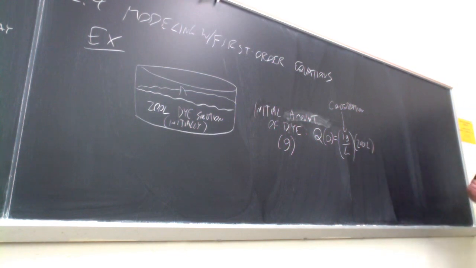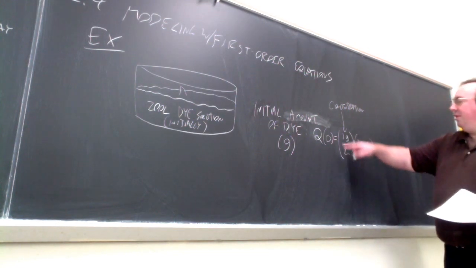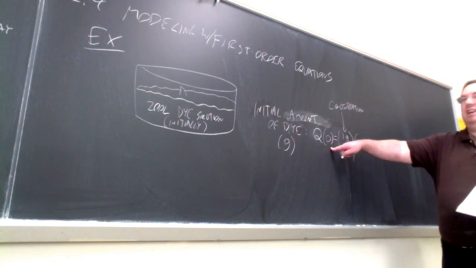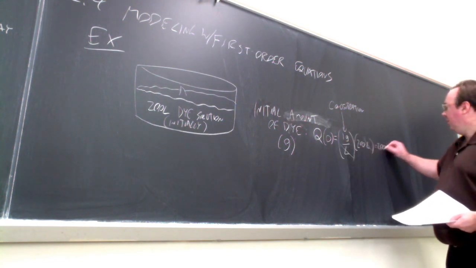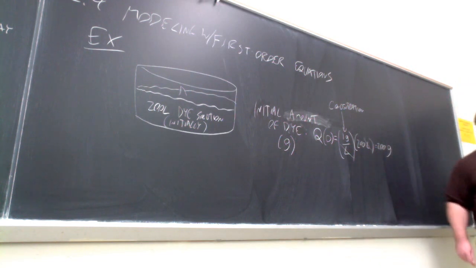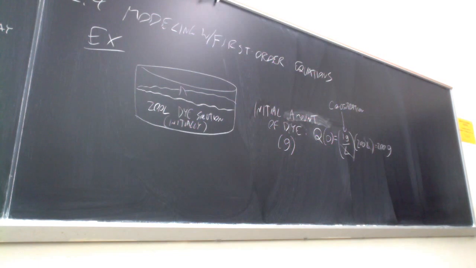And paying attention to the units at all times can really give you some confidence that you're setting things up the right way, because certain units cancel. So the amount that we're supposed to get is in grams, and conveniently the liters cancel. So we have, at first, 200 grams of dye in this 200 liter solution.